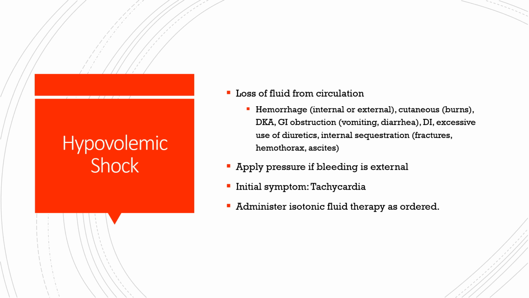Signs and symptoms that you're going to see initially are tachycardia, cool, clammy skin, tachypnea, flat, non-distended peripheral veins, and a decreased jugular vein circumference. Tachycardia may be the only symptom.